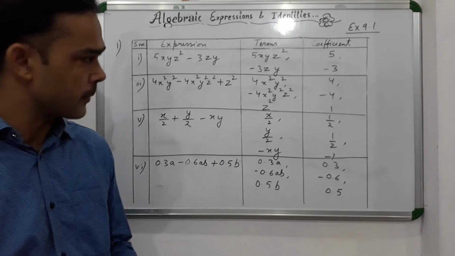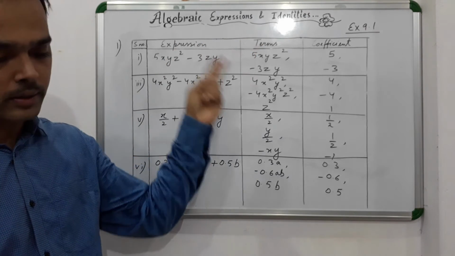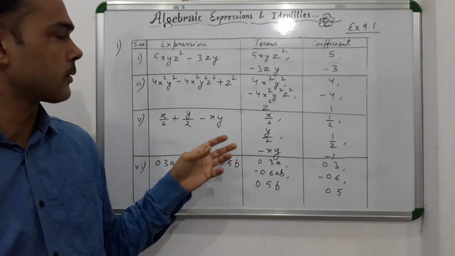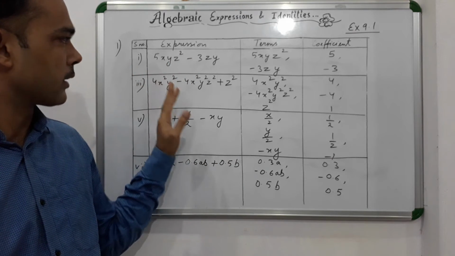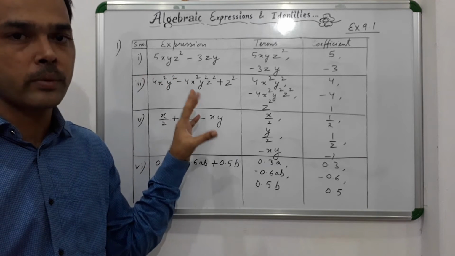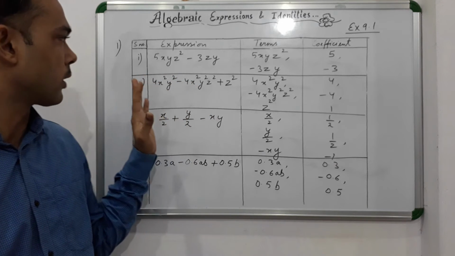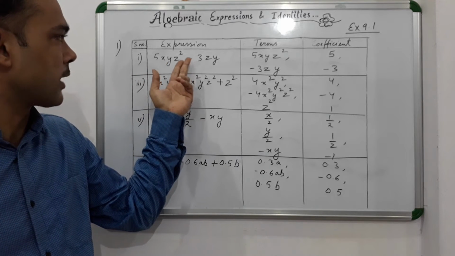So once again I am repeating, the terms get divided by addition or subtraction sign. With the help of that you can understand whether it is a binomial, trinomial, or whatever it is. Here you can see that there is a subtraction sign in between.